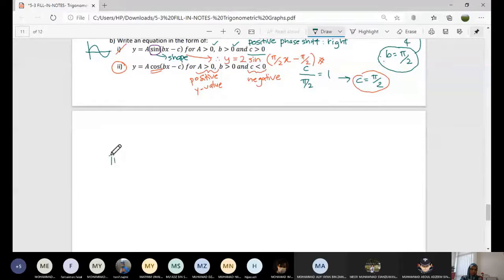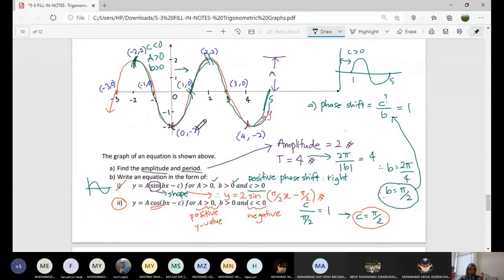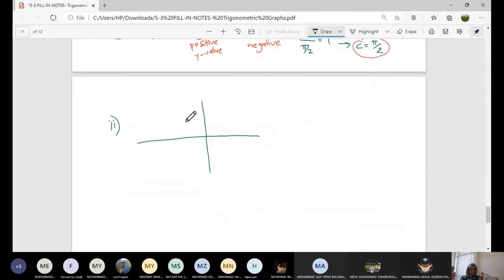Okay, I will redraw second part. Start from here, and then until here. And here it starts from, this is negative 2, negative 1, this is 0, this is 1, this is 2.